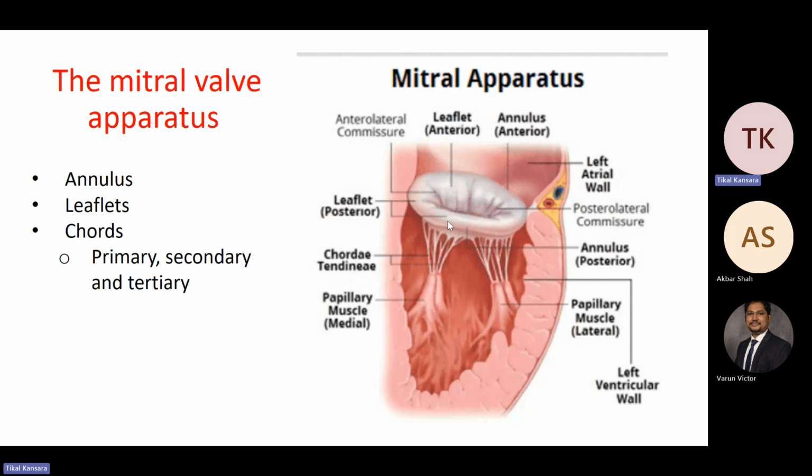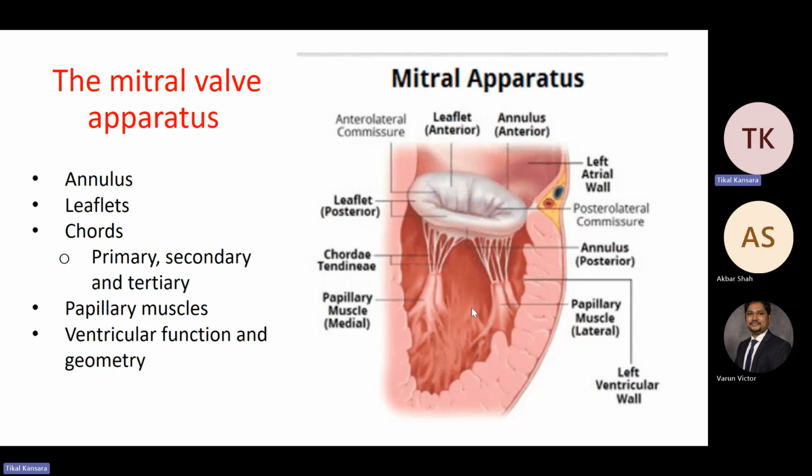Going from the leaflets down to the ventricle, they will be first primary, then secondary, then tertiary. We have papillary muscles, 2 of them in the majority of patients, more than 95%. And consider ventricular function and geometry as a part of the functional mitral valve apparatus. Why?